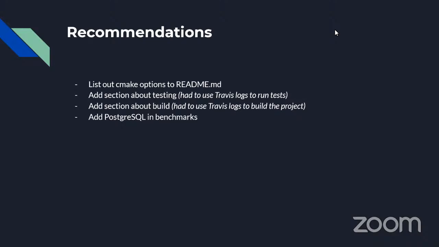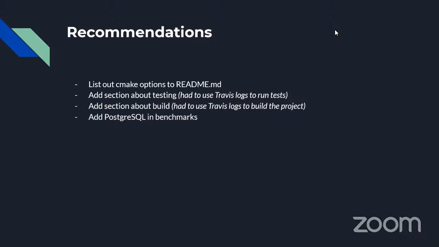First of all, probably it's a better idea to list out those CMake options that we found, because there are different CMake files, and if you provide those options that are lying in the CPP source files in the README, it could be a bit easier to navigate.